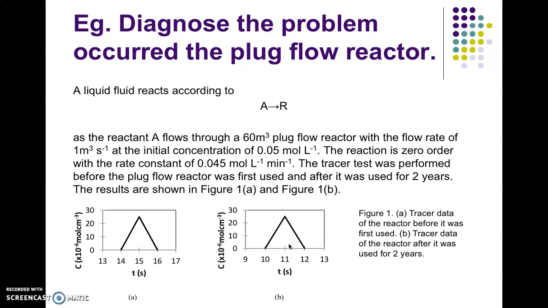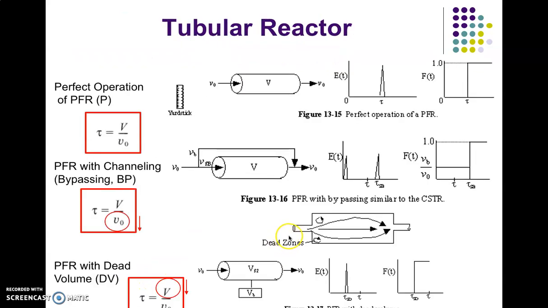Soon you will find out that, as we discussed just now, from the C curve the tau has become lesser than the initial tau. Since it is a PFR, it seems it will have a dead volume.